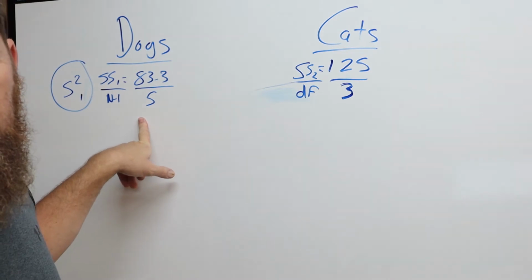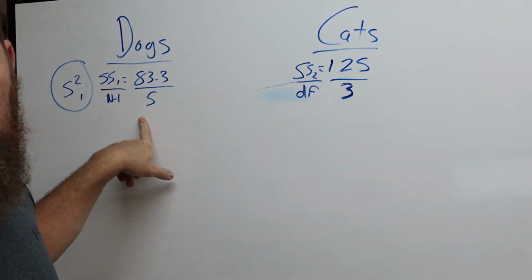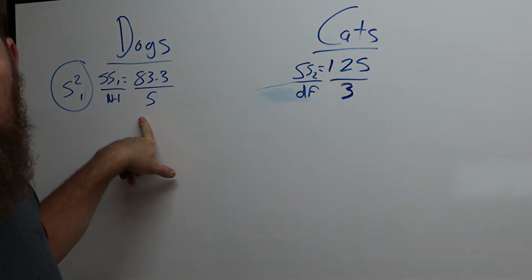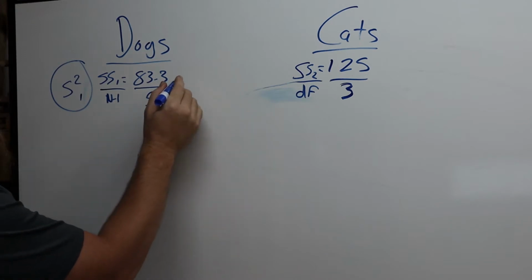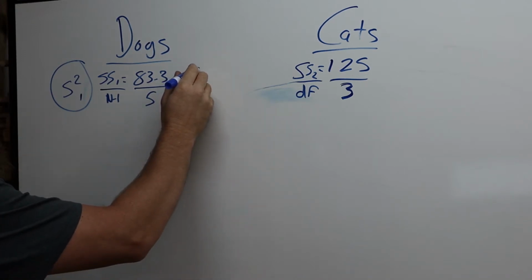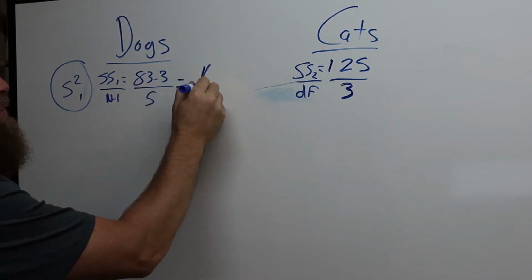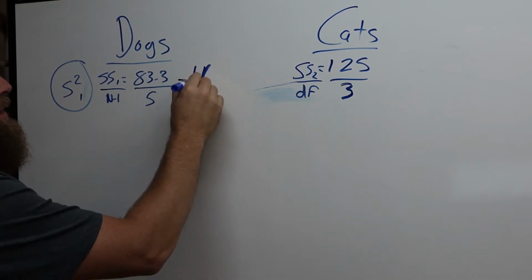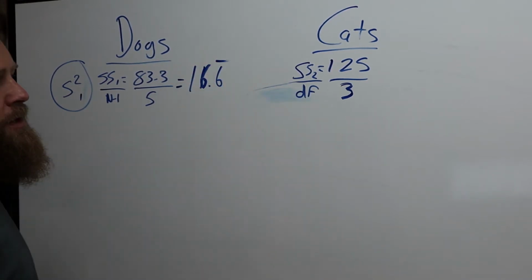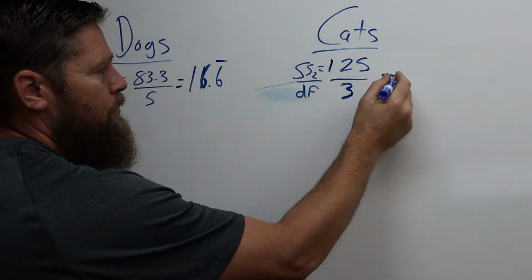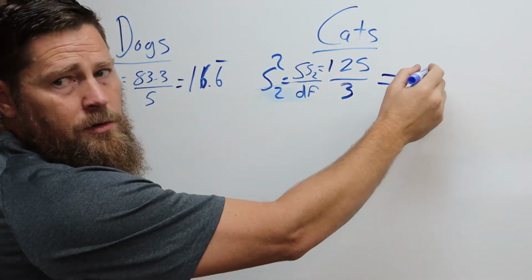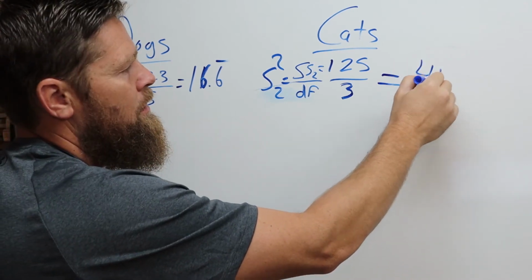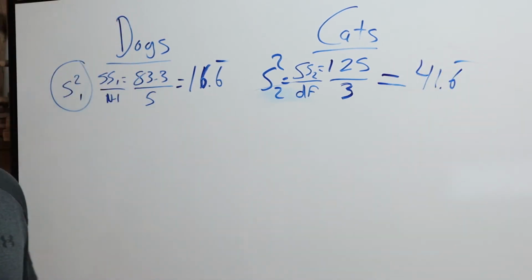S2 for group 2 is 41.67 basically. S2 for group 1 is equal to 16.6 for forever. S2 for group 2 is equal to 41.6 for forever.